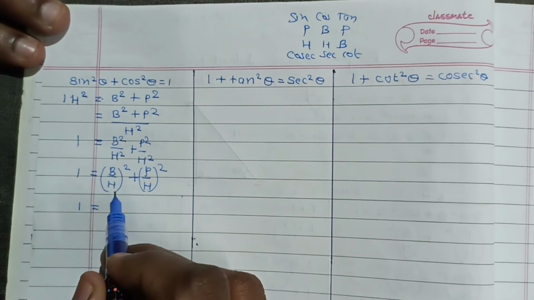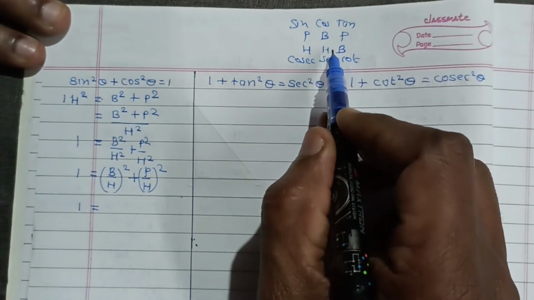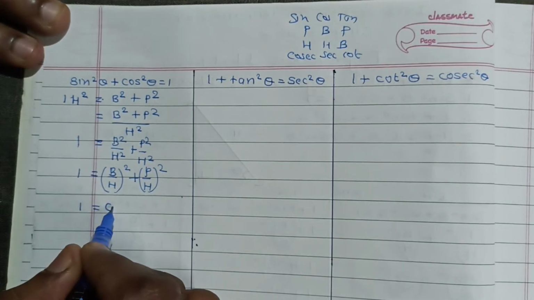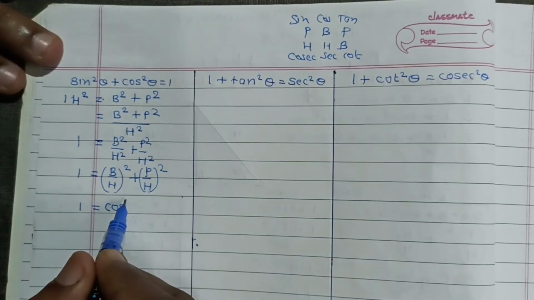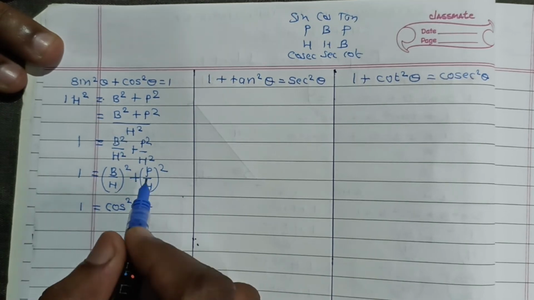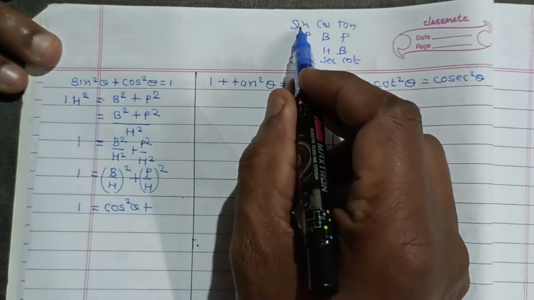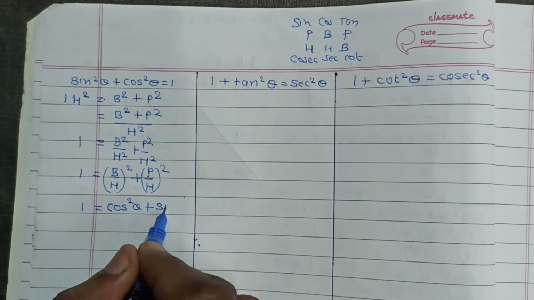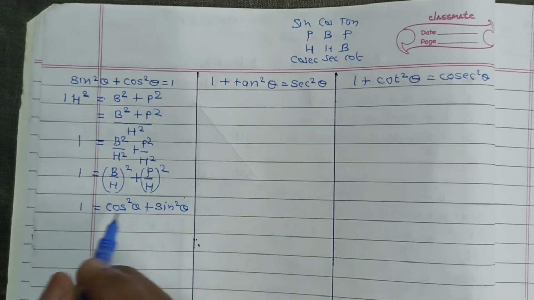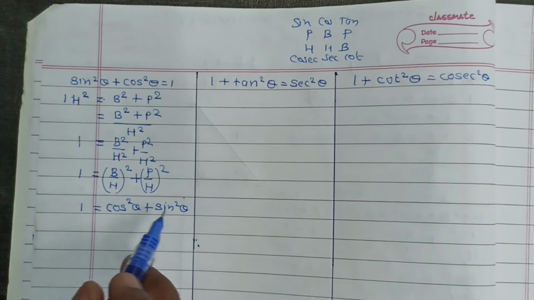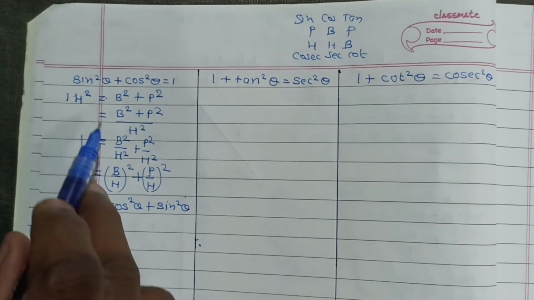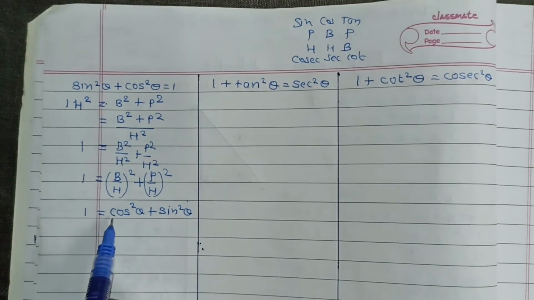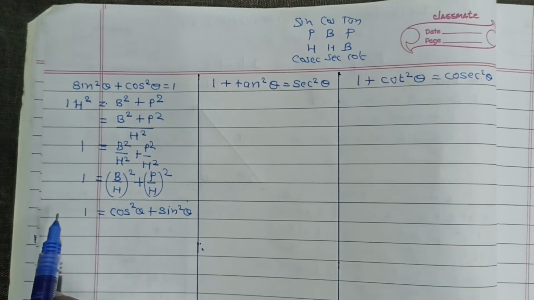So b upon h is whose ratio? B upon h. So this is the ratio of cos. Therefore this is cos²θ plus p upon h is whose ratio? Sin ratio. Therefore this is sin²θ. So this is how you can prove the first identity, that is sin²θ plus cos²θ is equal to 1. So the same you got here, cos²θ plus sin²θ is equal to 1.